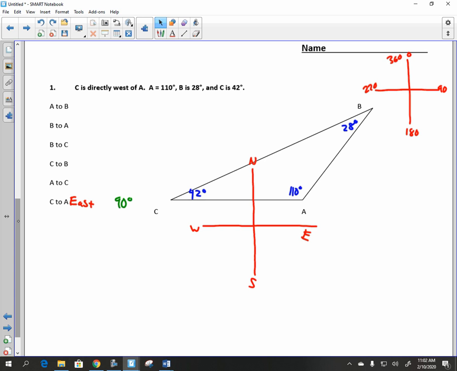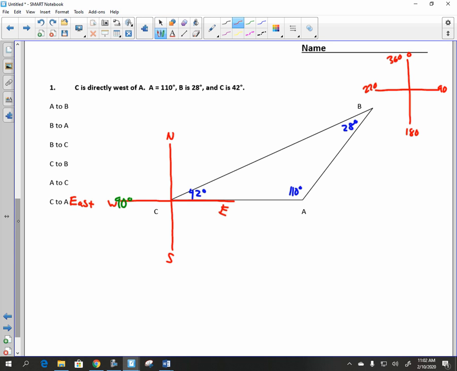Everybody okay with that? All right, now I'm going to go from C to B. What's the general travel to get from C to B? Northeast. So C to B, north, east.